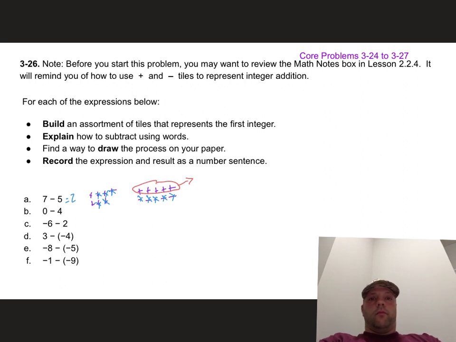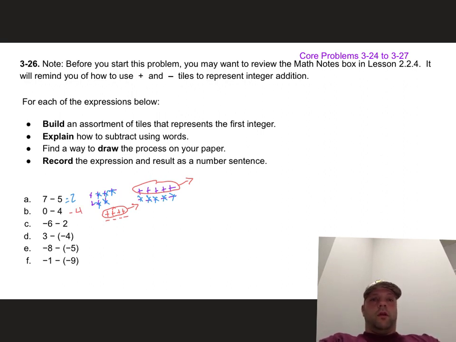All right, moving on to the next one. I have 0, and then I'm going to subtract 4. So 4 0 pairs, because that does nothing, and we subtract our 4. We remove that, and we're left with 4 negatives.